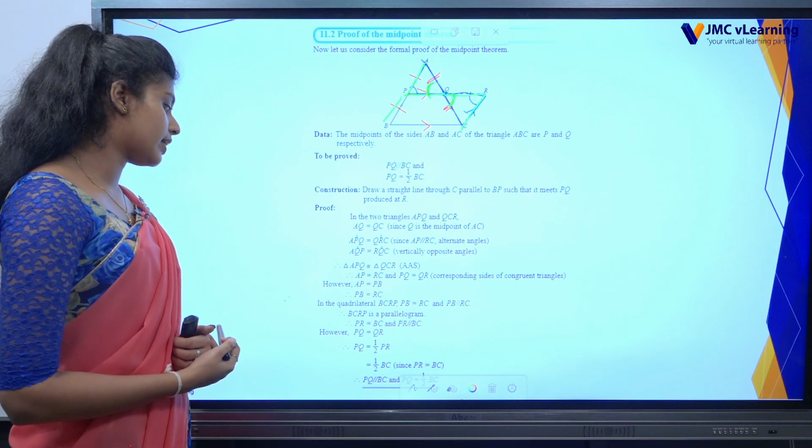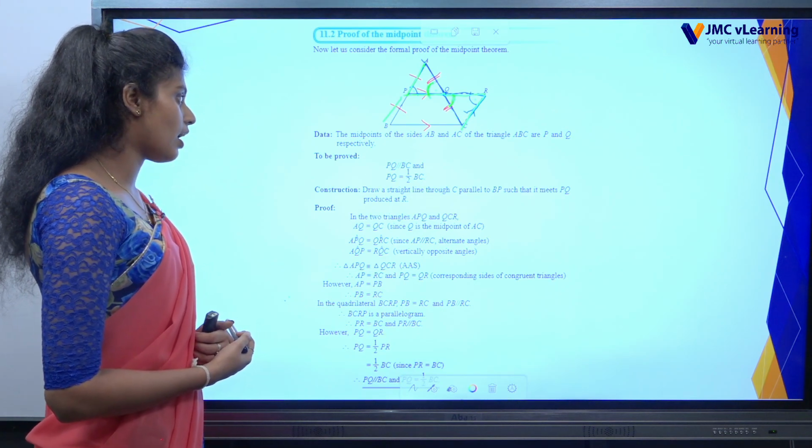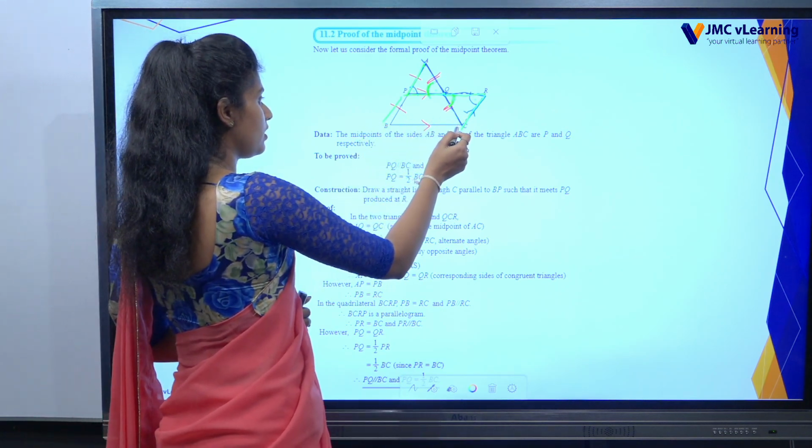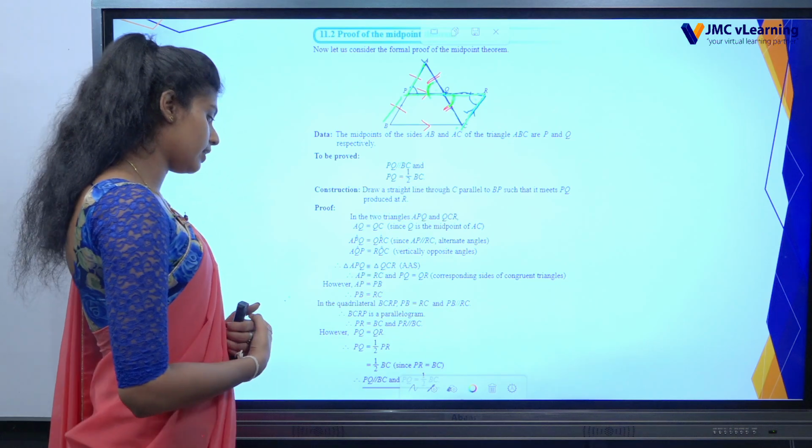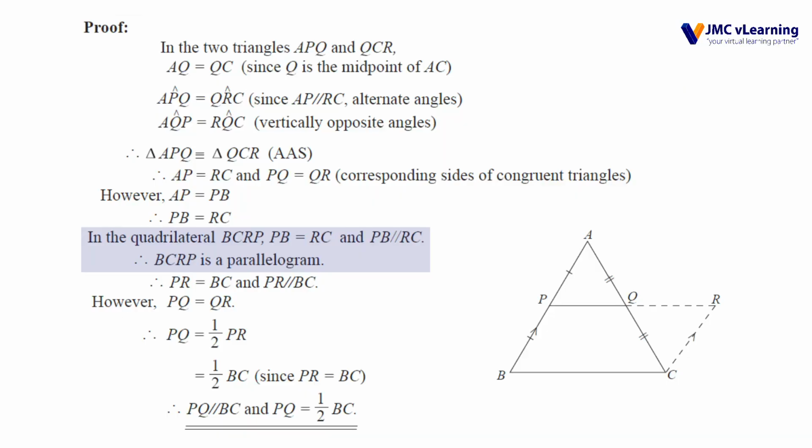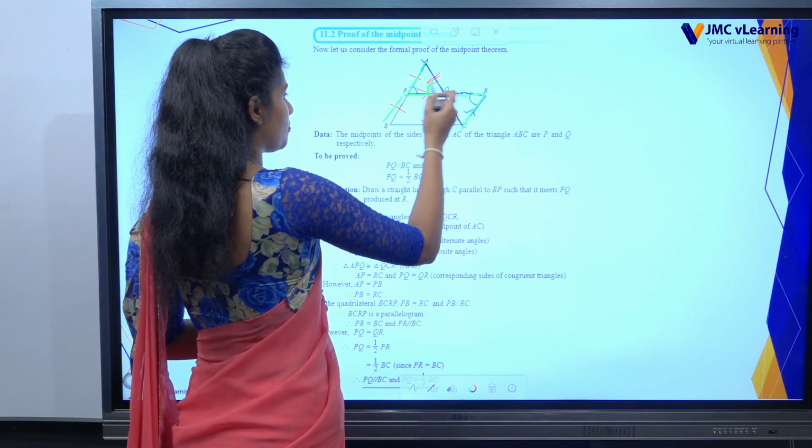Then in the quadrilateral BCRP, it's a quadrilateral. Here PB is equal to RC and PB is parallel to RC. Therefore BCRP is a parallelogram.